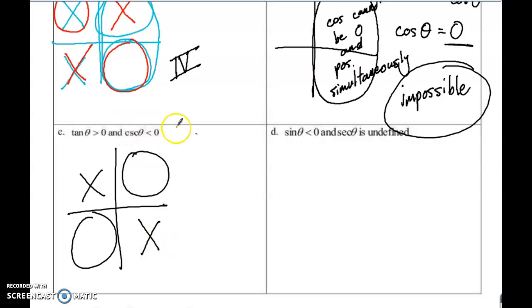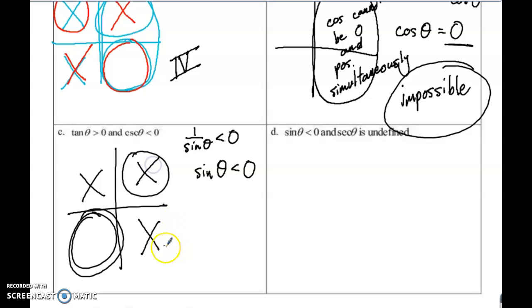And then remember, cosecant is the reciprocal of sine. So essentially it's saying the same thing, that sine must be negative. If sine is negative, then cosecant is also negative. That happens in the third quadrant, not the first. I guess if you wanted to, sine is also negative in the fourth quadrant.